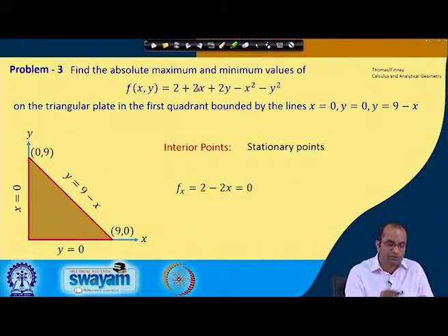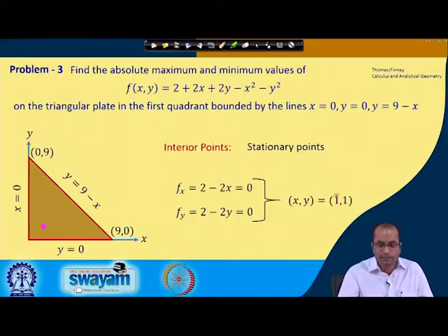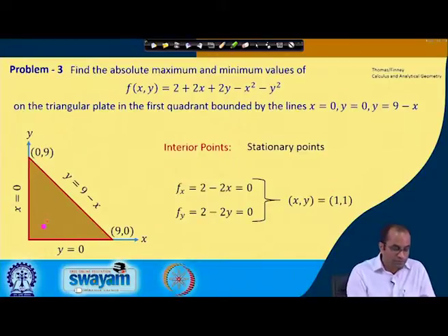The stationary point for this problem we can easily compute: f_x and f_y come to be 1 and 1. So, this here is the stationary point in the interior of this domain, excluding the boundary. We have to consider this point because we can have local extrema at this interior point. But in this problem our interest is to find the absolute maximum and minimum.